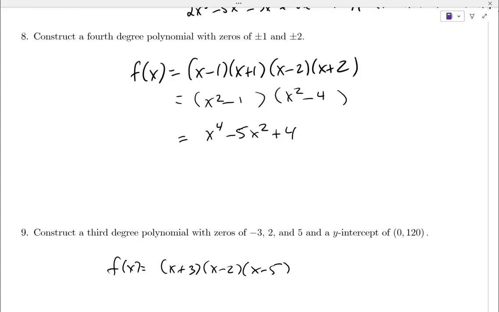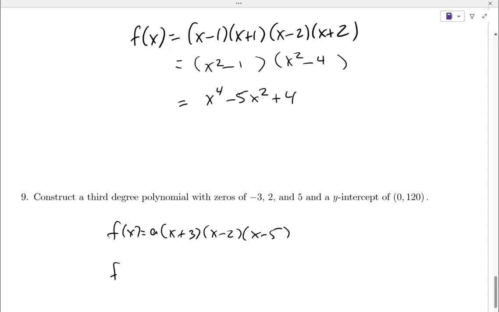So here's how we handle that. Notice I said leave a little space here. Remember we did all the scaling stuff, right? We could scale with a number out in front. It does a vertical stretch or a compression, depending on how we want to do it. Let's make that an A, and we're going to solve for what the A has to be. You just told me a second ago, when you put in 0 without the A in it, you got 30. So if I put 0 in there, I get 30A.